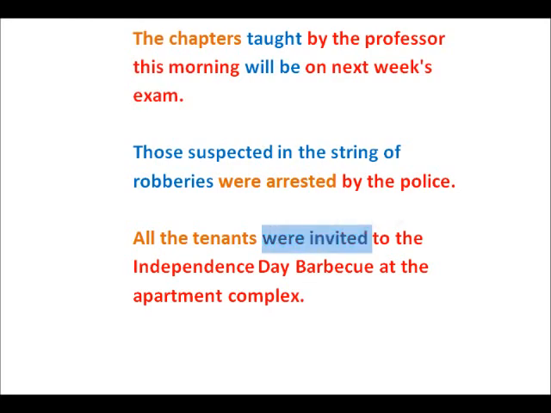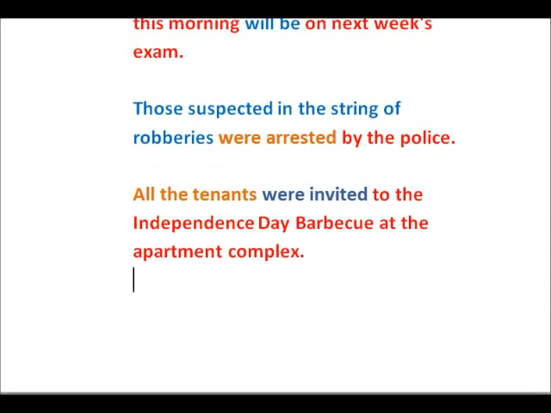Okay, that's a verb. So all the tenants were invited to the Independence Day barbecue at the apartment complex. Do we have another verb? No, we don't. So this sentence is completely correct because we have one subject, one verb. Fantastic. And that is going to be the last example here.